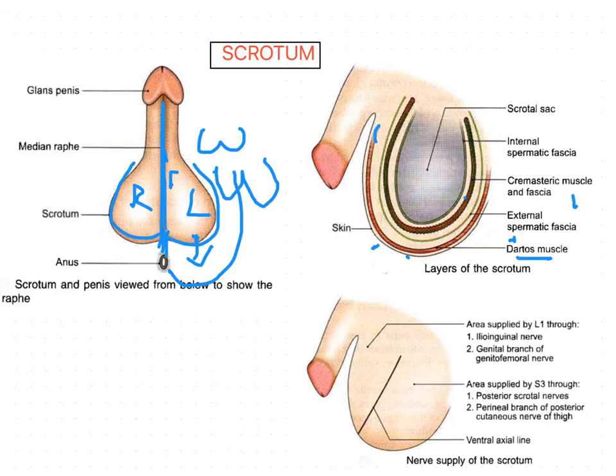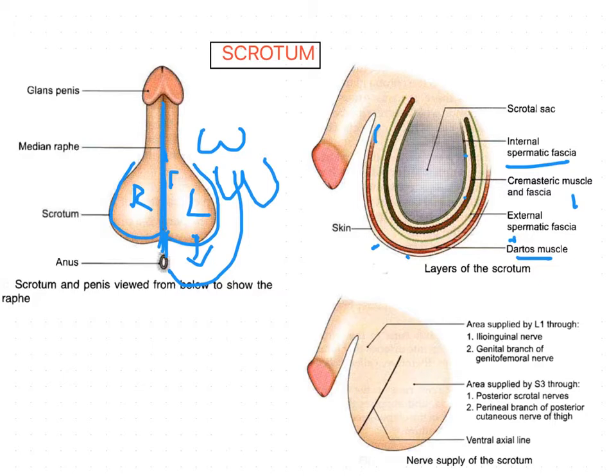And finally the internal spermatic fascia, which is from the fascia transversalis. These are all the layers of the scrotum.